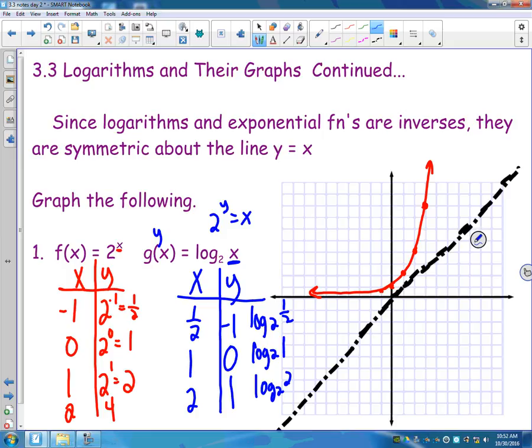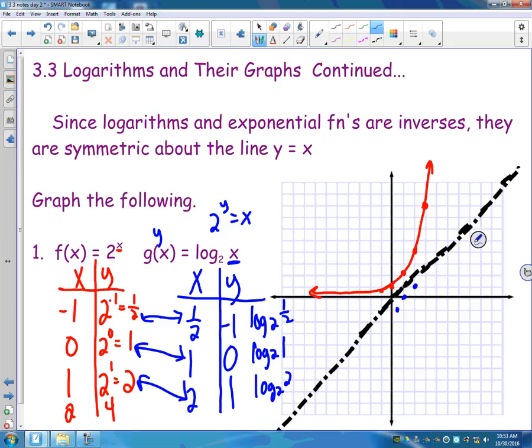And again, I know you have Desmos, I know you have calculators, but there will be some graphing on the no calculator portion of the test, and it would look something like this. So if we graph these now, at 1/2 we're down here at -1. At 1, we're at 0. And at 2, we're at 1. And notice that the domains and ranges have switched.